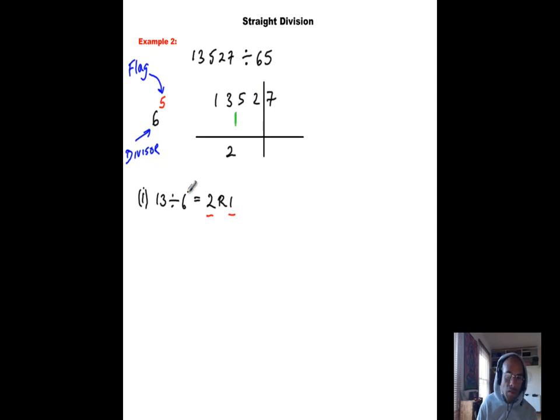Now this 1/5 becomes the gross dividend of the next part of the calculation. So we take the gross dividend, which is 15. We then take away the flag digit, which is a 5, multiplied by the 2.